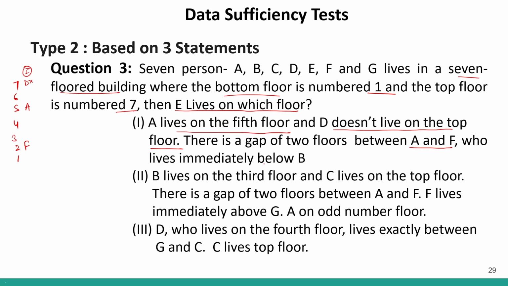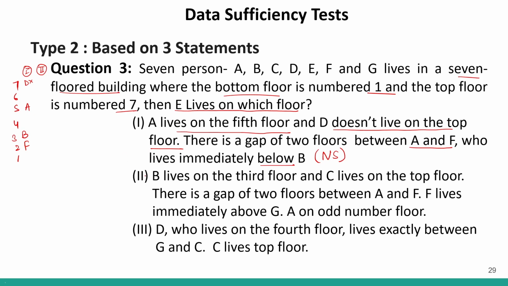Who lives immediately below B? So F lives immediately below B. This is from statement number 1. But do we find the position of E in this statement? No. So 1 alone is not sufficient. Clear? Now let me put the information of statement number 2.